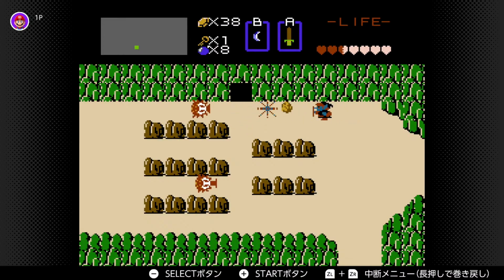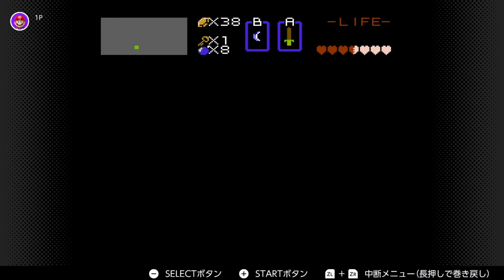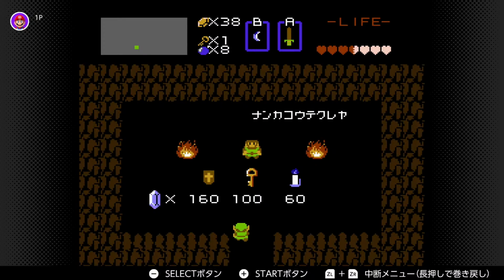While we're here, let's check what this first shop had. It also has the candle now, but we don't need it. We don't need keys for now. Hopefully never. We need the shield at some point, but of course we need much more money for that.